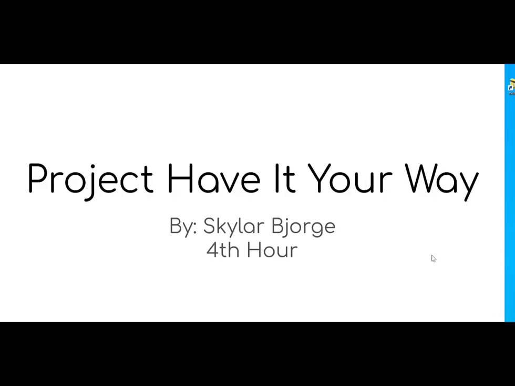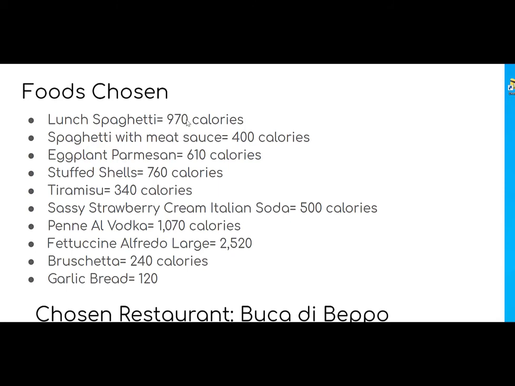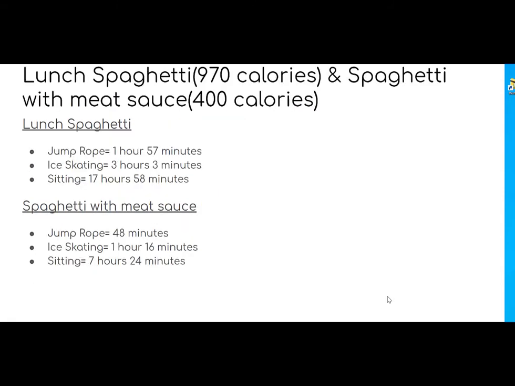Here's the first project I wanted to show you by Skylar. So he's got his weight chosen, the restaurant chosen, his exercises rounded to the nearest tenth. He has all of his foods listed with the calories and also the restaurant posted again. He chose to set his up by food.